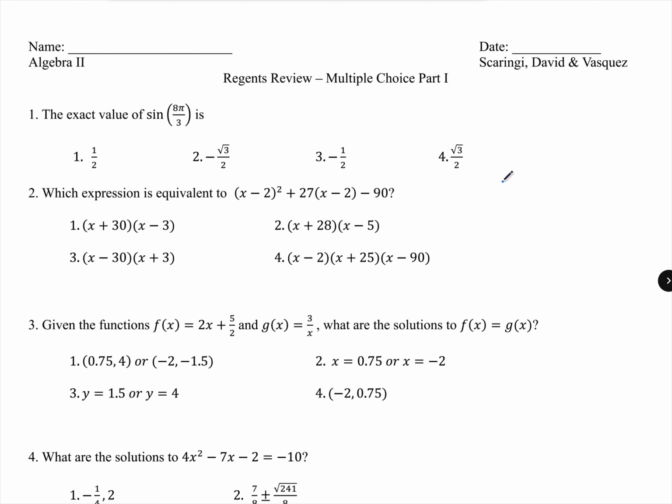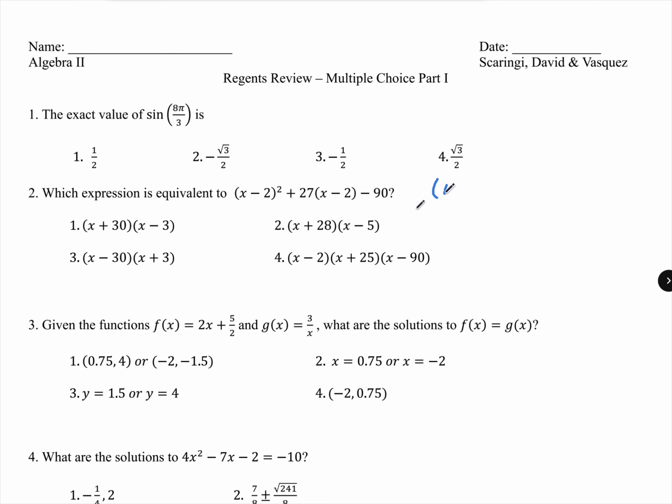Number 2, I look at this one and right off the bat see my answer choices as factors. So whenever I see something like this, I want to simplify this as best as I can before I try to figure out which one's equivalent. For this one, I'm going to start with x minus 2 squared.